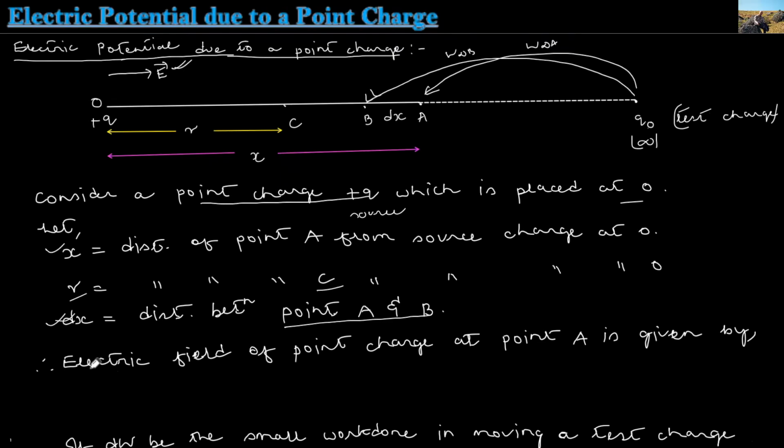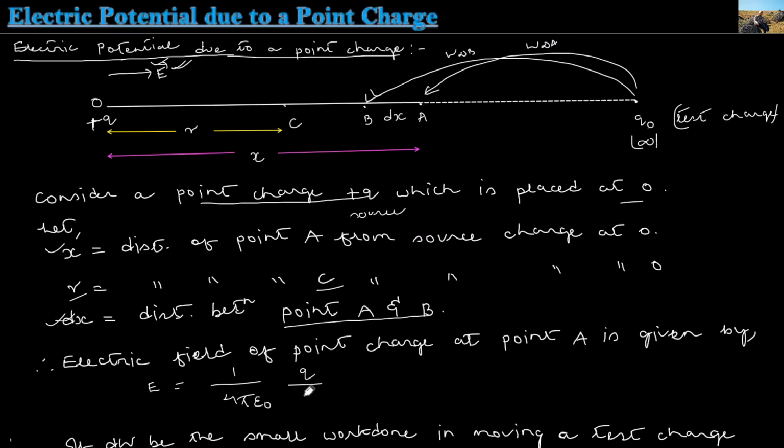And over here, I will assume another point C, which is very, very close to the point O, where the source charge is located. Let the distance of that point C from the test charge be R. Then we know that due to the presence of the source charge, there will be an electric field. So the electric field at the point A is given by the expression E equals 1 divided by 4 pi epsilon, Q divided by distance squared.